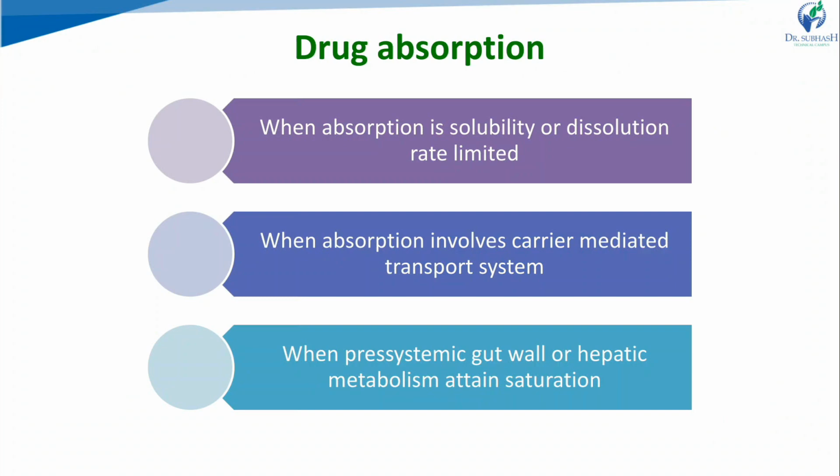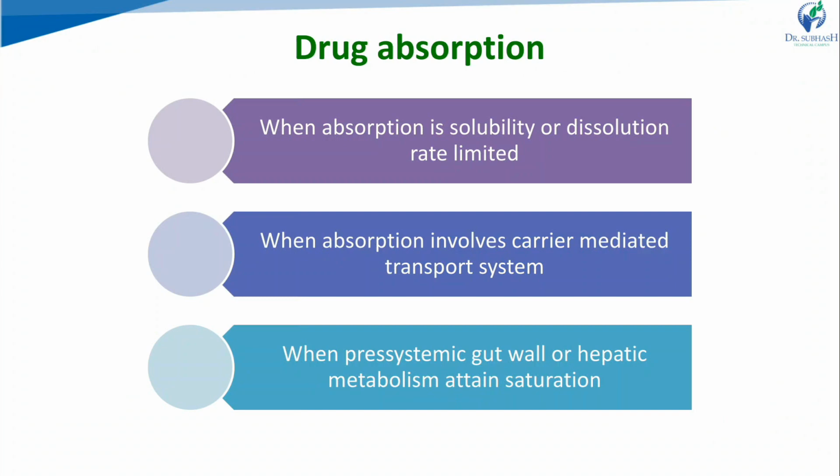Third, when pre-systemic gut wall or hepatic metabolism attains saturation, that also affects linearity. Examples are propranolol and verapamil. Saturation of the pre-systemic metabolism of these drugs at high dose leads to increased bioavailability.